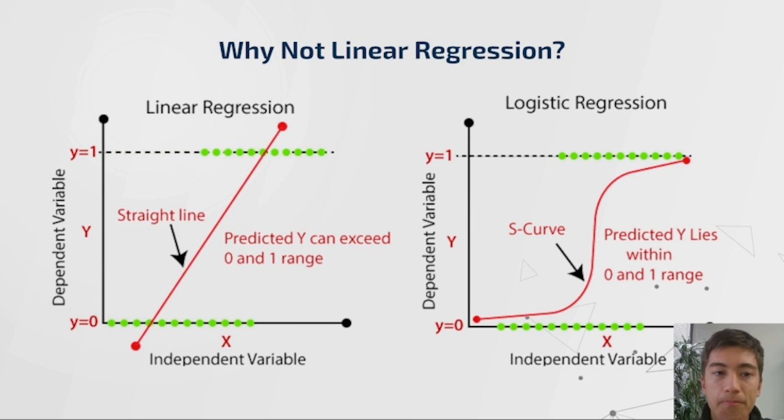And so if we use this line of best fit or linear regression model, then what exactly does it mean when the line is above 1 or below 0, right? If we feed it our x variables or our features, and then it outputs like 3, what is that supposed to mean?